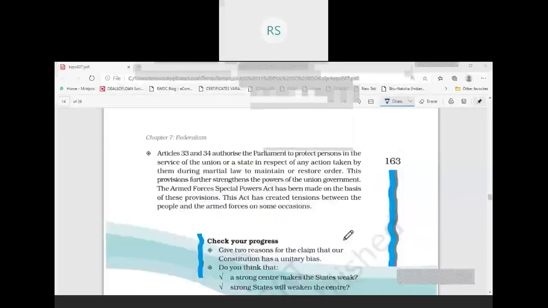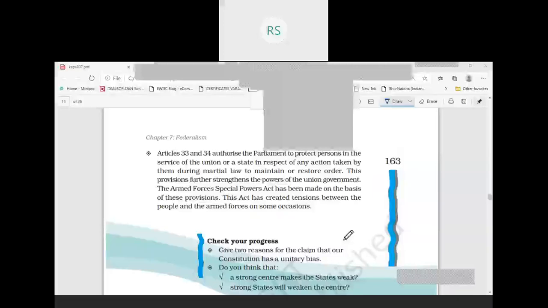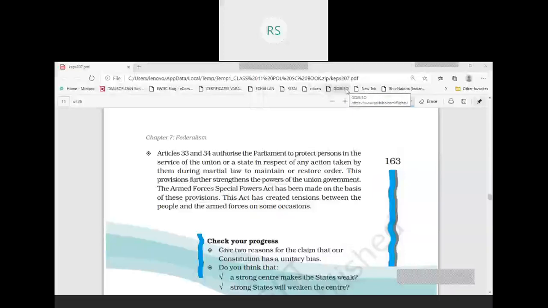There is another provision also which gives more power to the parliament. In this regard, we will discuss Article 33 and Article 34 of the Constitution.